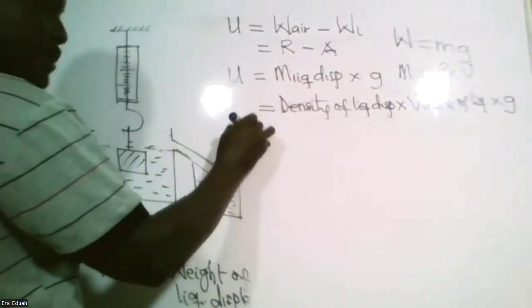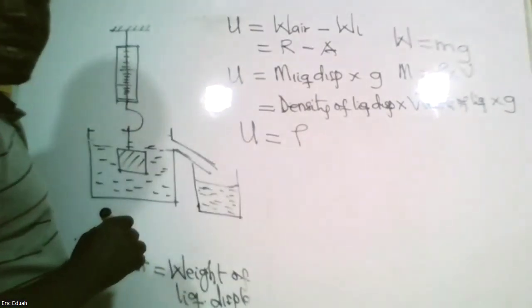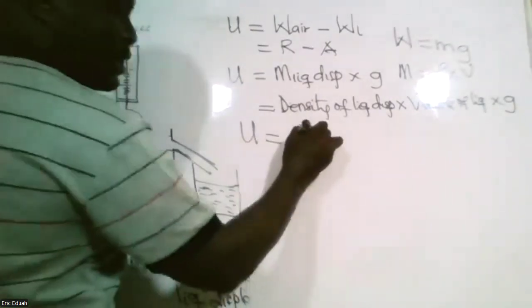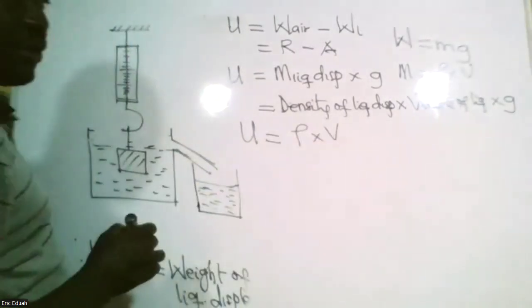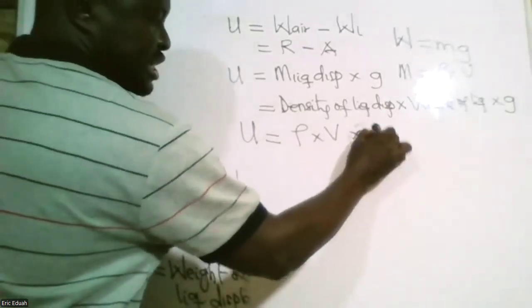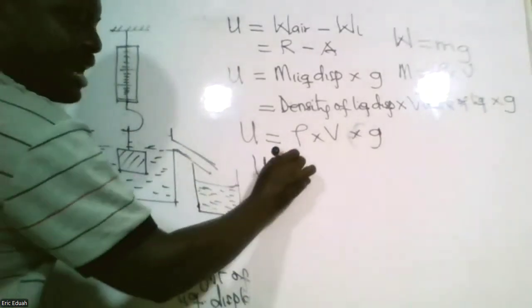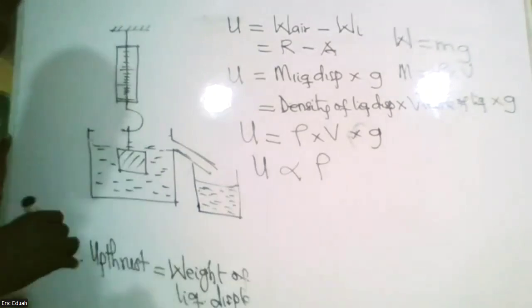And so upthrust is equal to rho, where rho is the density of the liquid, times volume of liquid displaced times g. And so upthrust is directly proportional to density.